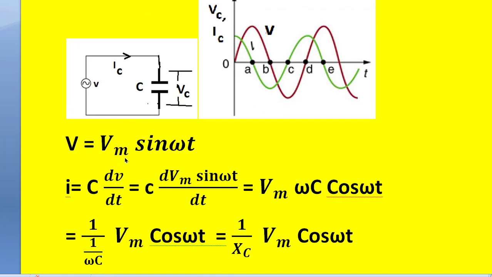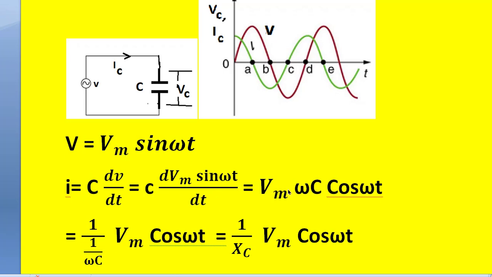And let us assume the applied voltage as the reference, that is V is equal to Vm sin omega t, and we know in a capacitor the current flowing is given by I is equal to C into rate of change of voltage across it. Then we write like this: C into d by dt, and instead of V, we write Vm sin omega t.